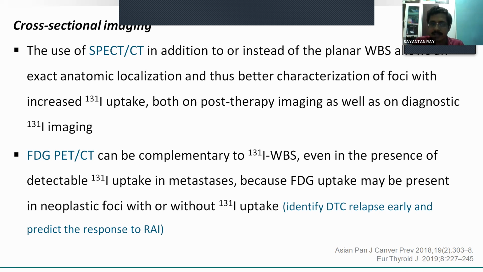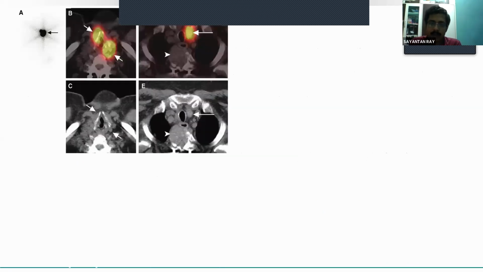Regarding FDG PET-CT, it can be complementary to I-131 whole body scan, even in the presence of detectable I-131 uptake in metastasis, because FDG uptake may be present in neoplastic foci with or without I-131 uptake. And it can identify DTC relapse early and predict response to radioiodine, because as differentiated thyroid cancer cells de-differentiate, their radioiodine uptake decreases and glucose metabolism increases. That is called the flip-flop phenomenon.